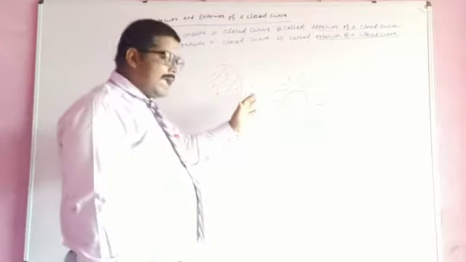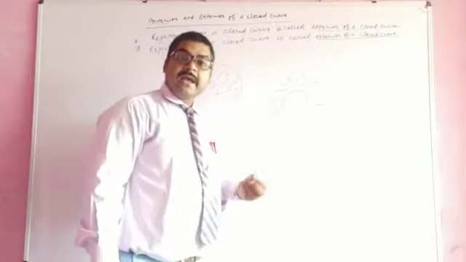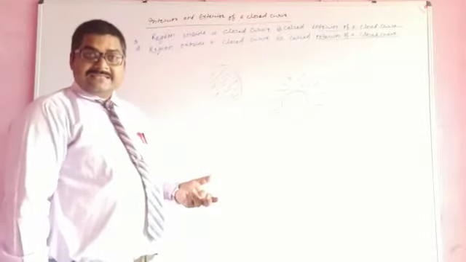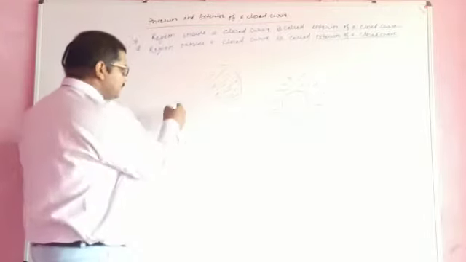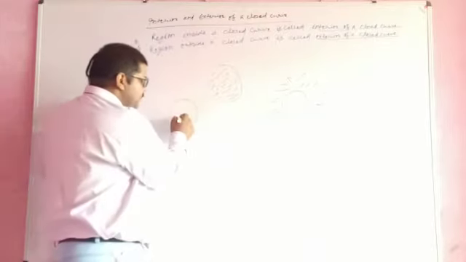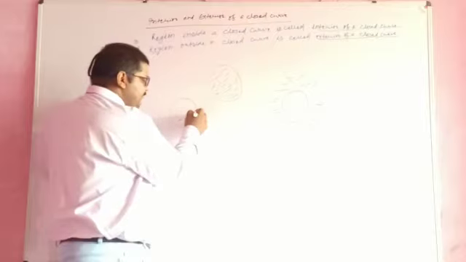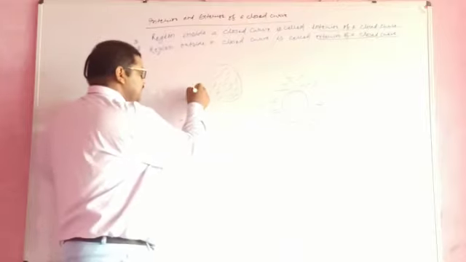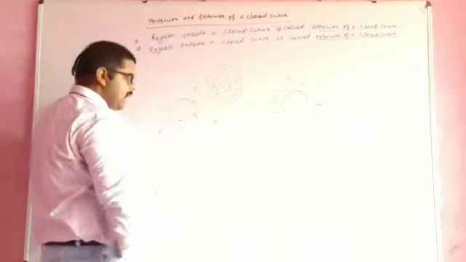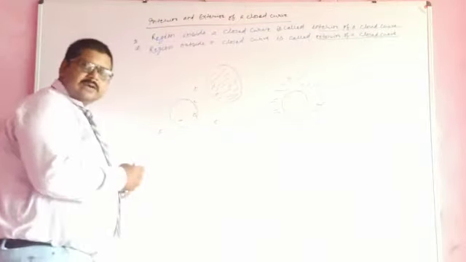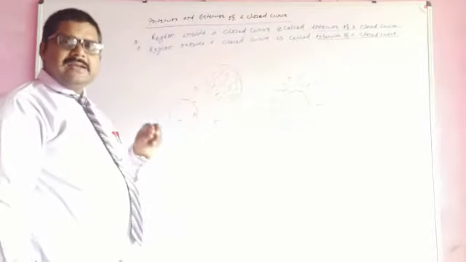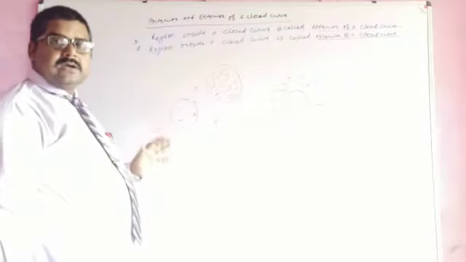So interior and exterior, sometimes interior points and exterior points are asked, where some points have been located. Suppose that here are A, B, C, D, E, F, and you are asked to name the interior points of this closed curve.